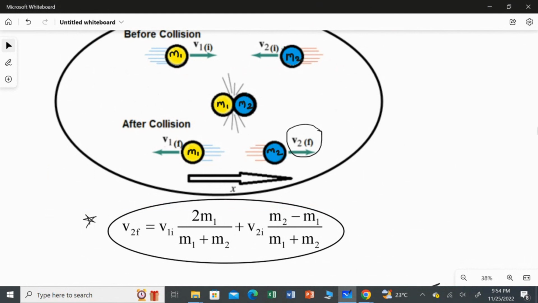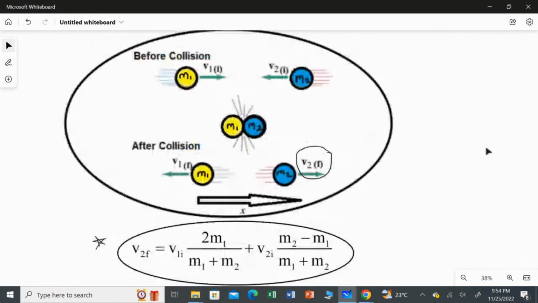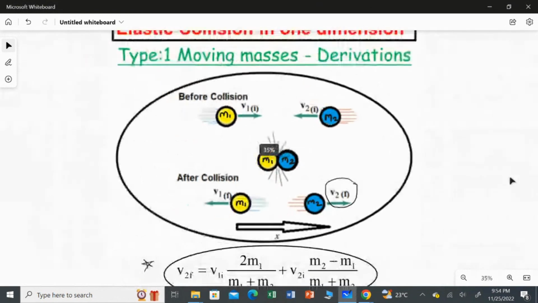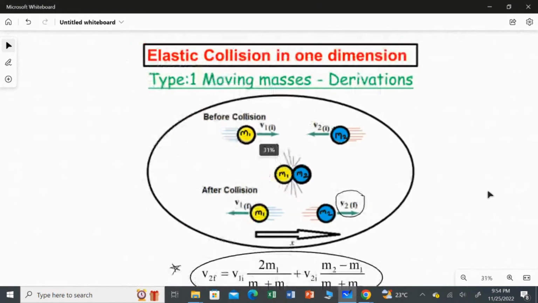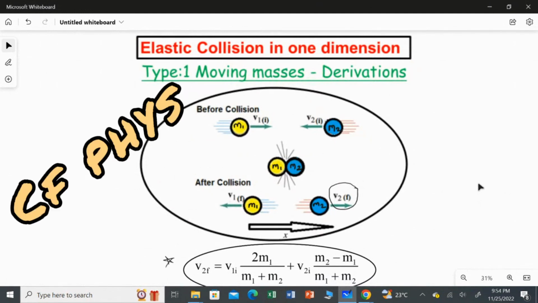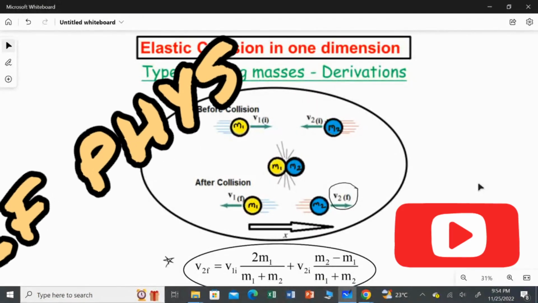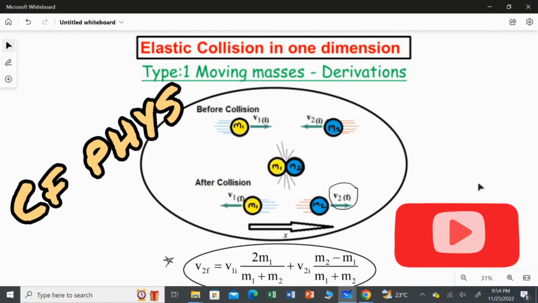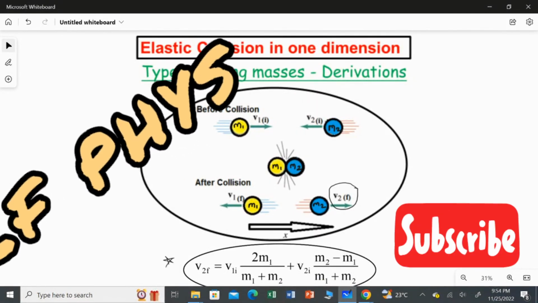That's it. So please, it's my kind request to those who are watching this video, better see the first part of the video and then come to the second part, because actually this derivation is a little bit lengthy. That's the reason I make two videos, one for finding the value of the final speed of the mass 1 and the second video for finding the final speed of the mass 2. Clear? That's it. Thank you.